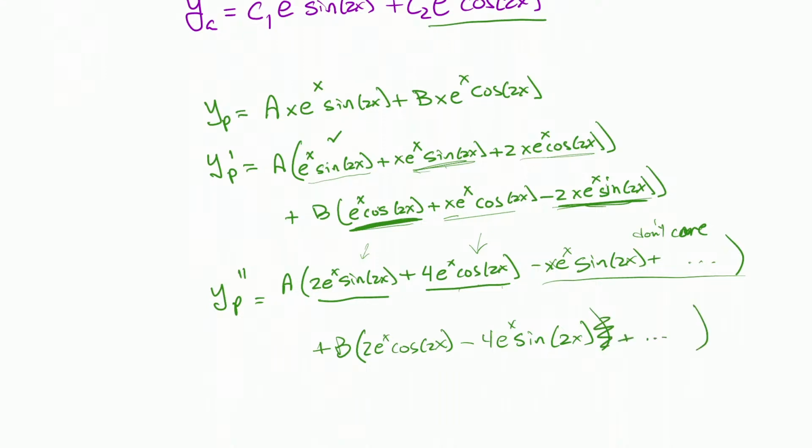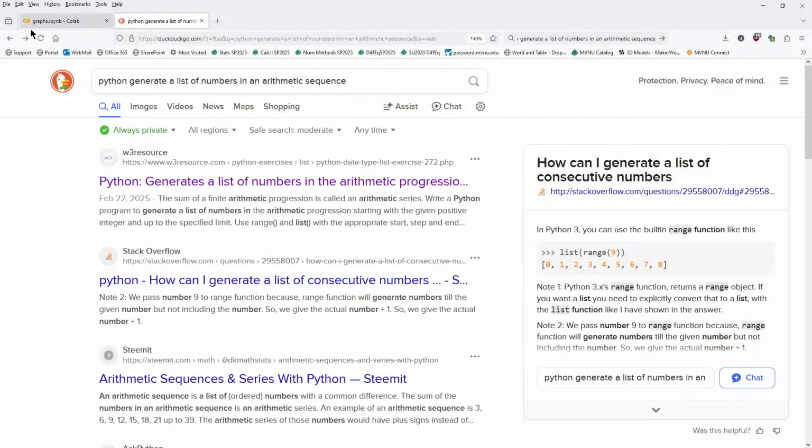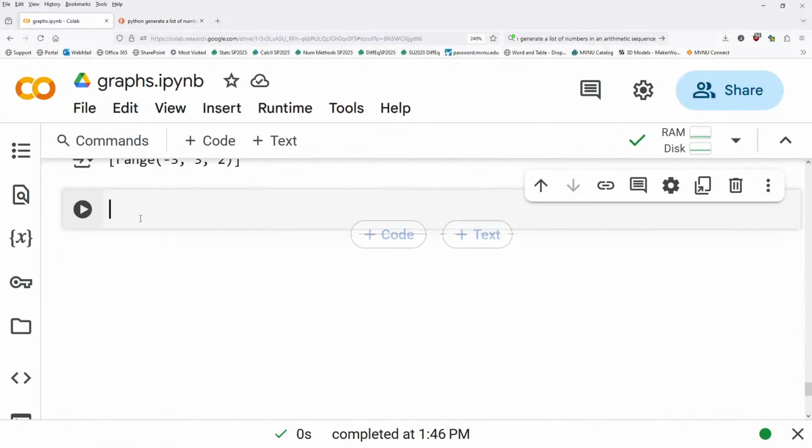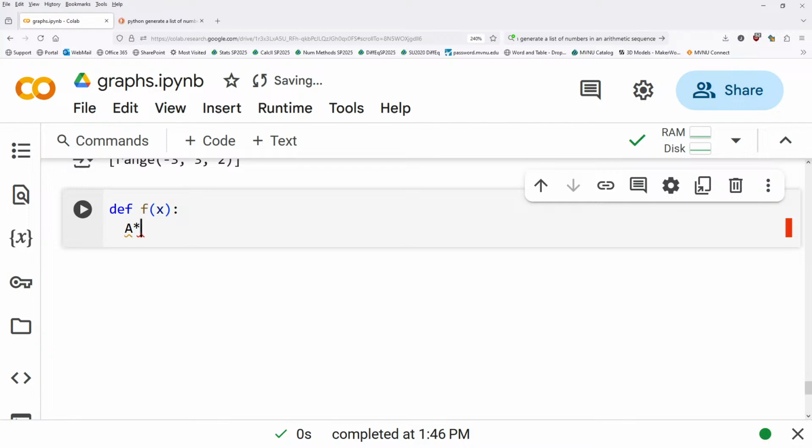Okay, so let's go grab Python, because why should we have to do something by hand if we can get a computer to do it for us? So let's see, is this going to do it for us? Why not? Let's do this. Def f of x. This is x times, or here, a times, I need to go define a.